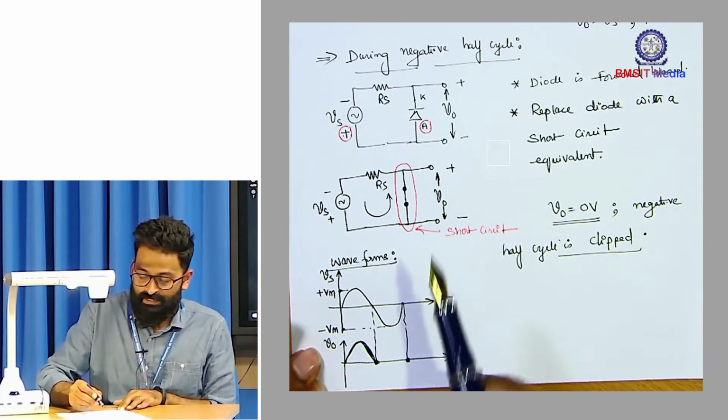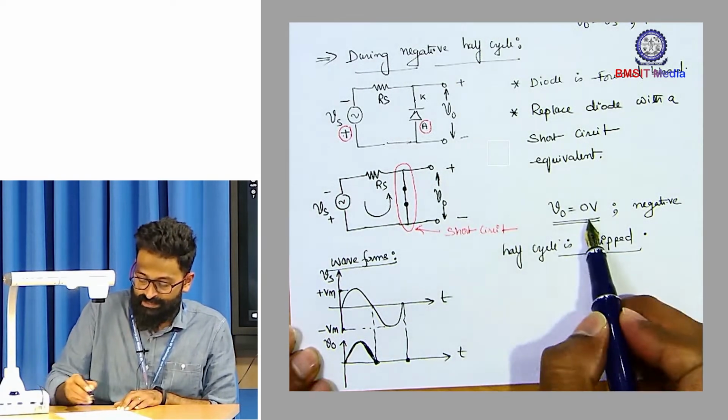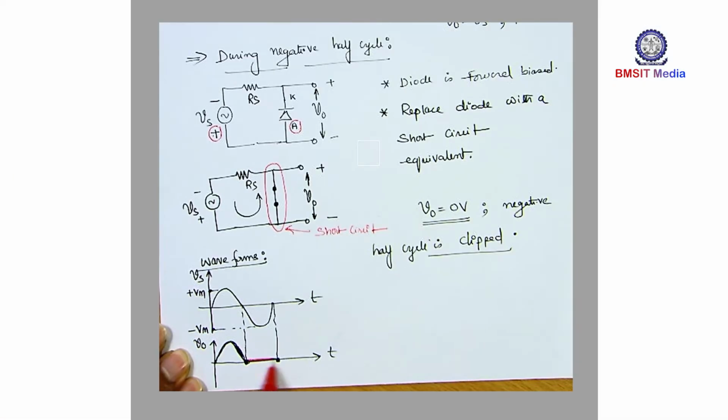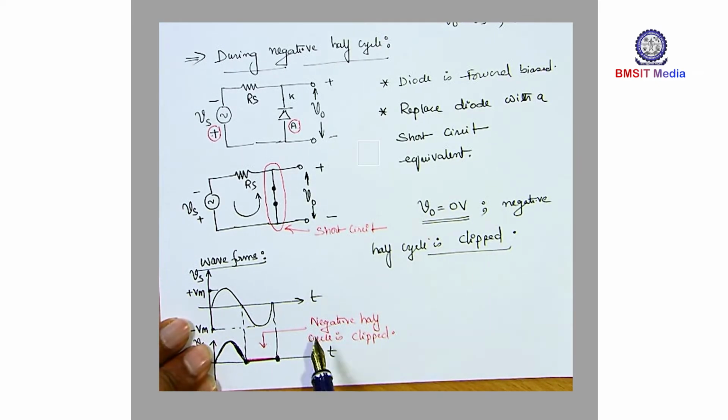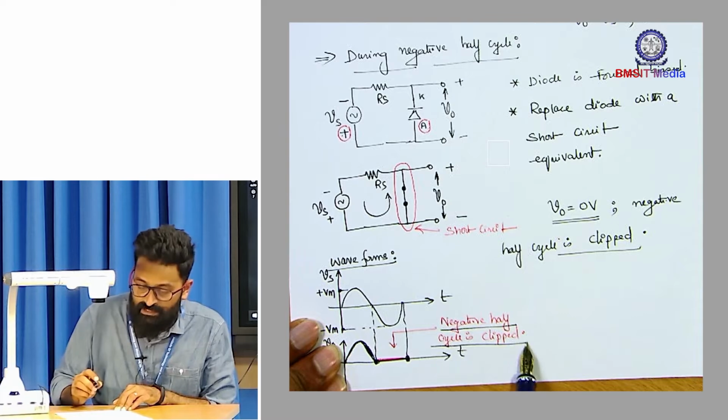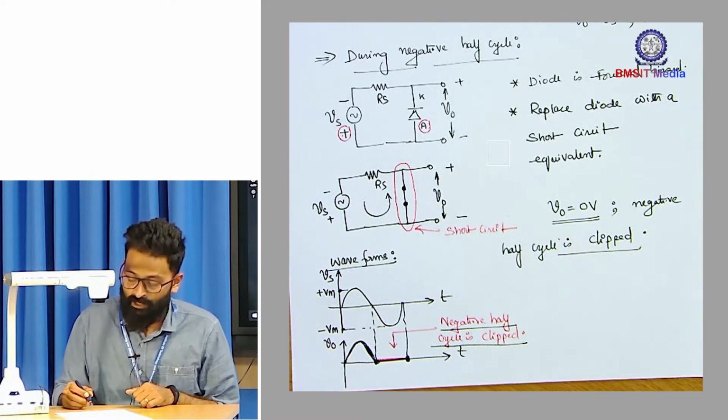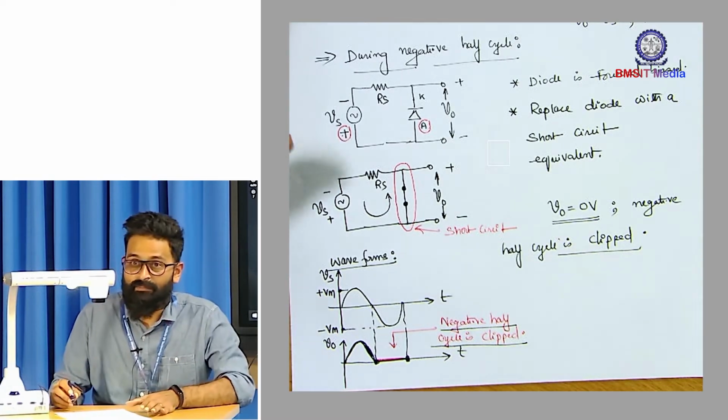And for the negative half cycle of the input, output stays at 0 volt level. So what you can say is that negative half cycle is clipped, and therefore it is called a negative clipper.